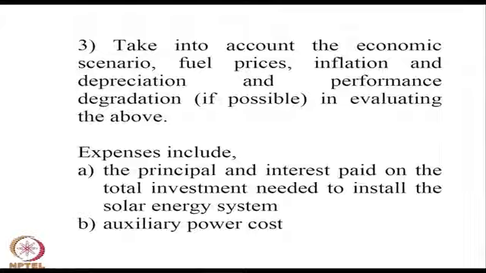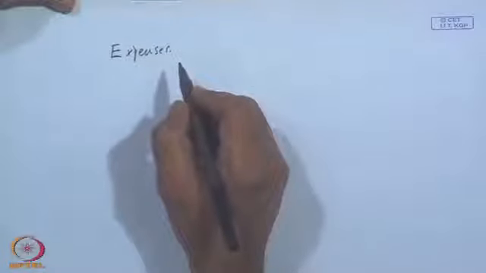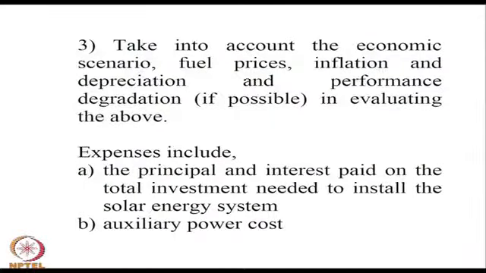Similarly, when you have installed the solar energy system, there will be certain expenses which may involve the principal and interest paid on the total investment needed to install the solar energy system, and the auxiliary power cost.